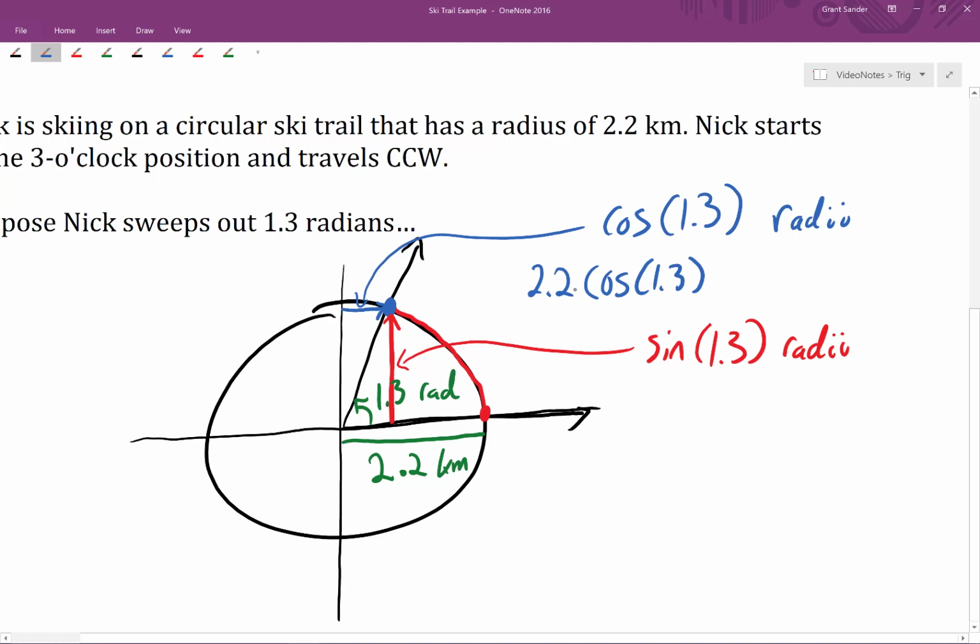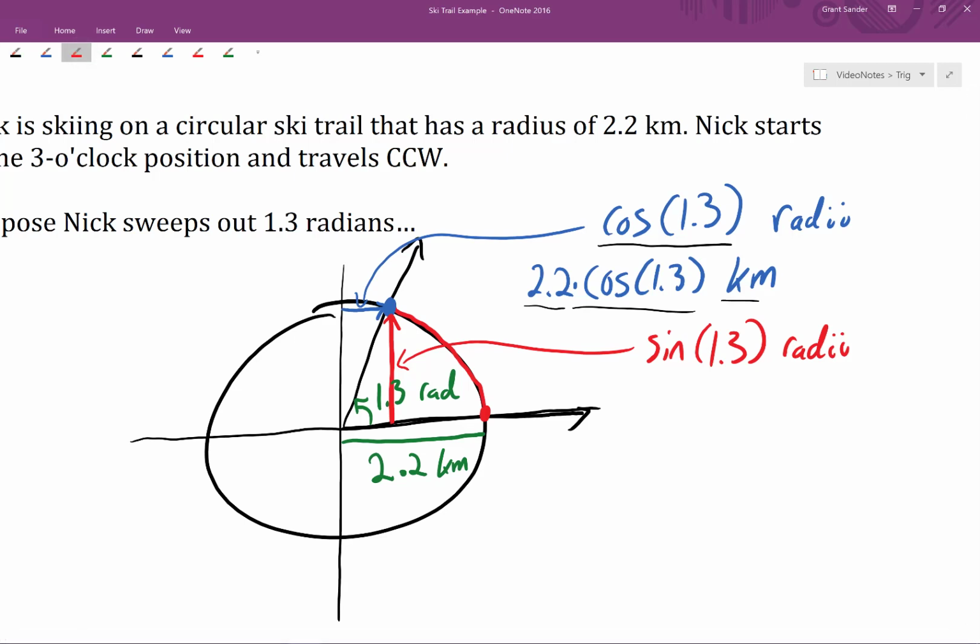So 2.2 times the cosine of 1.3 gives us a number of kilometers to the right of the center of the ski trail. And again, that's because this represents a number of radius lengths. Each radius length is 2.2 kilometers long, so you multiply those together and it gives you that distance measured in kilometers.